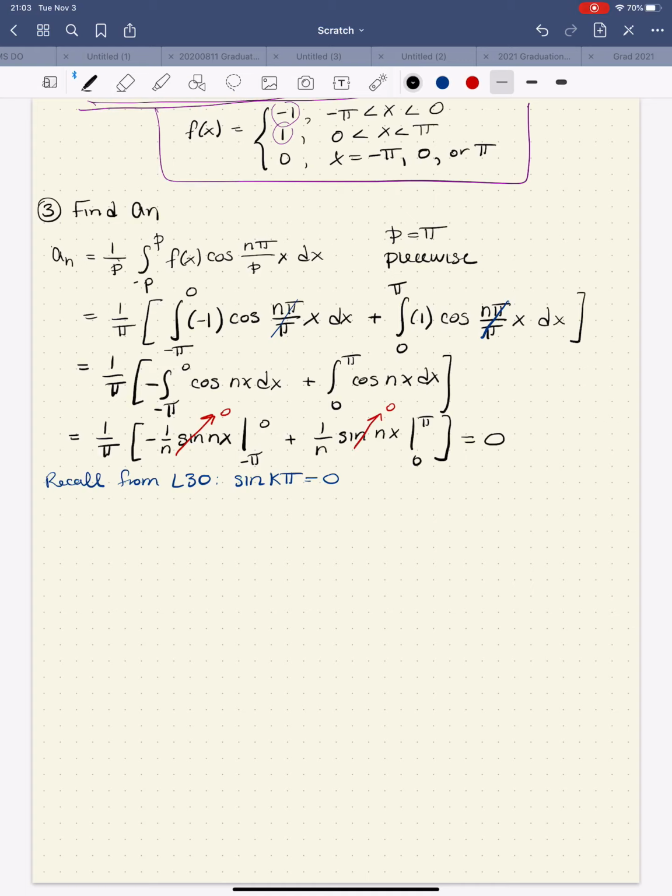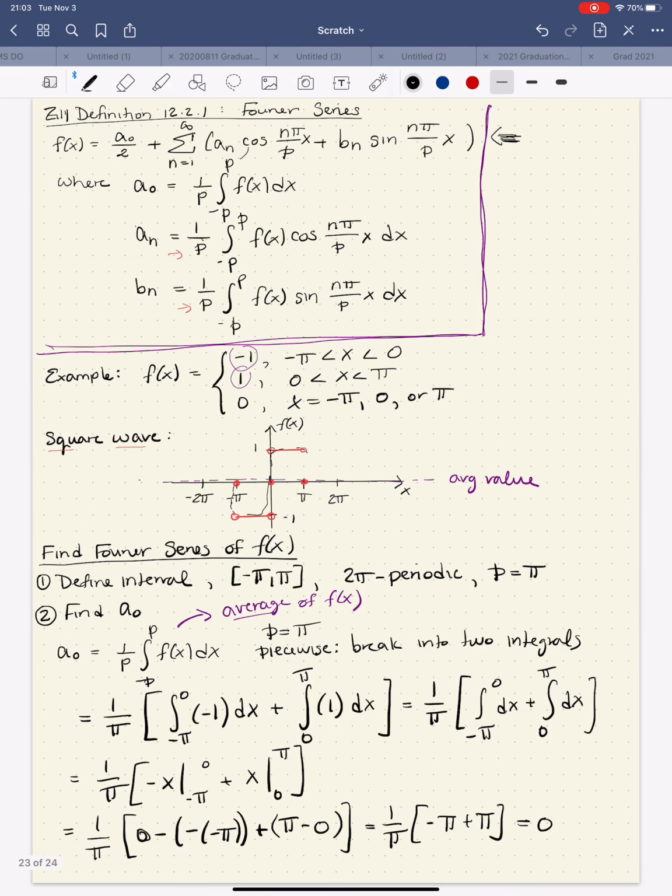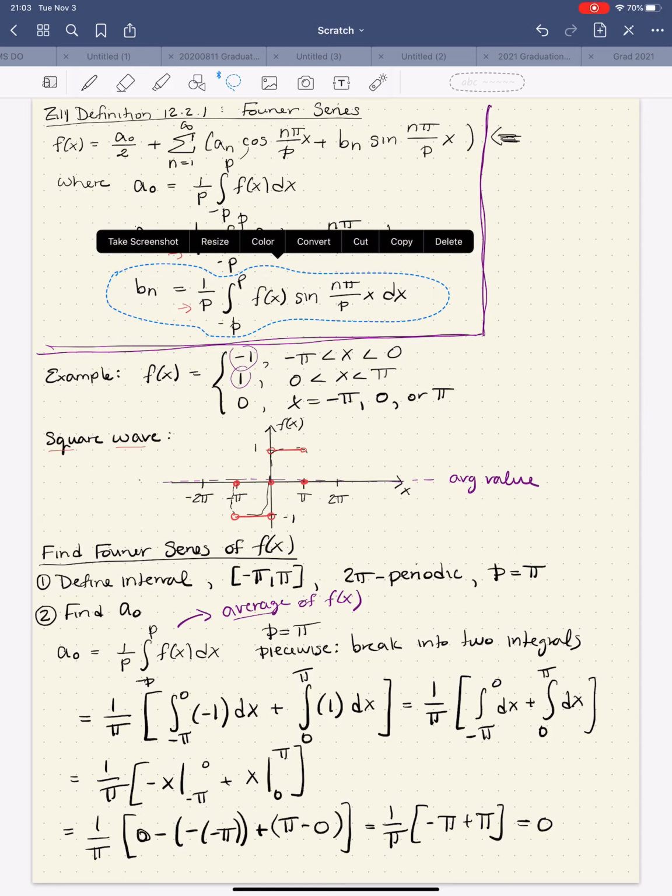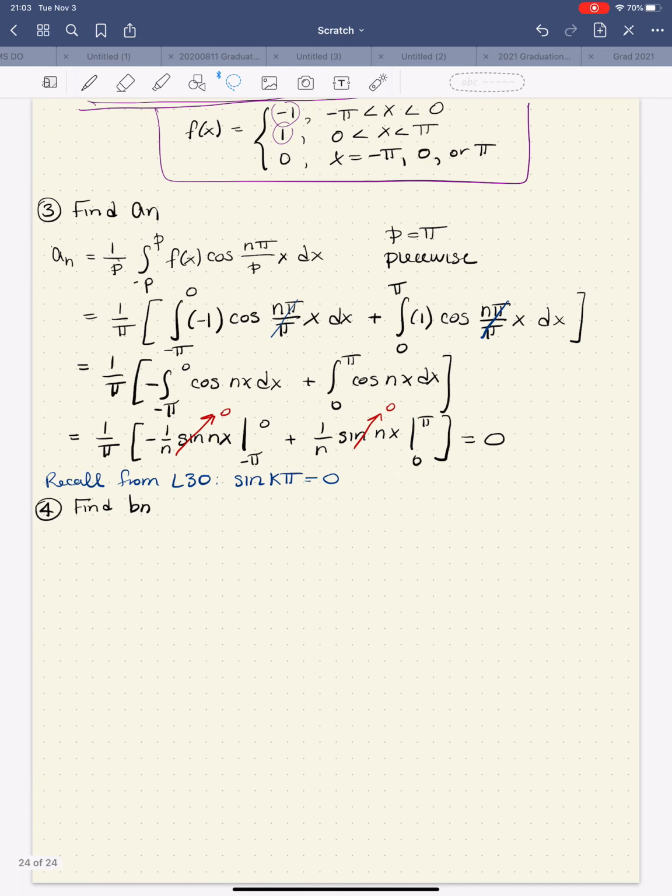Okay, finally, step 4 is to find b sub n. And again, I will copy the formula for b sub n here, and erase my random arrow.